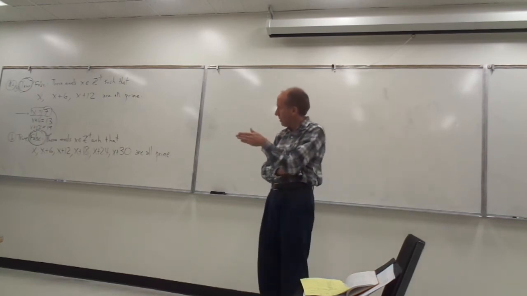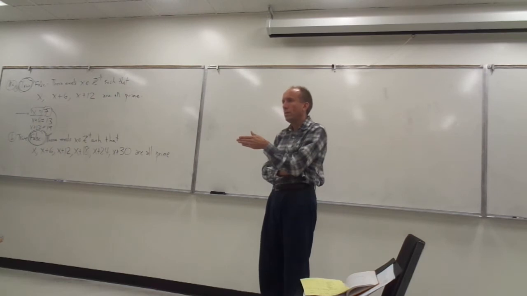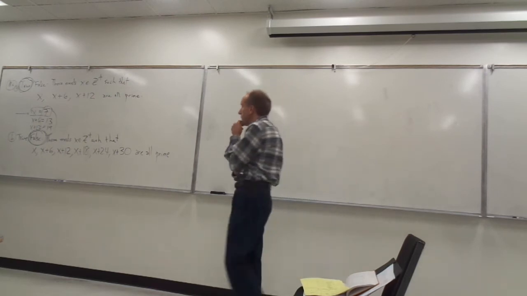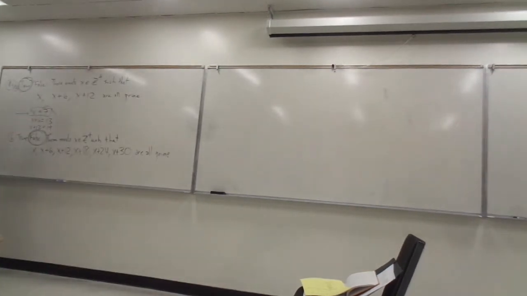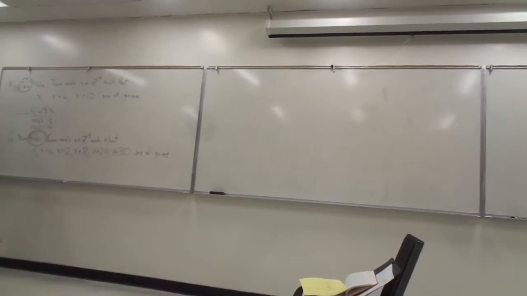The only thing that came to mind for me first was, since we're adding 6, x would have to be in the form 6k plus 1 or 6k plus 5. Right, because these are all going to end up being congruent to either 1 or 5 mod 6.